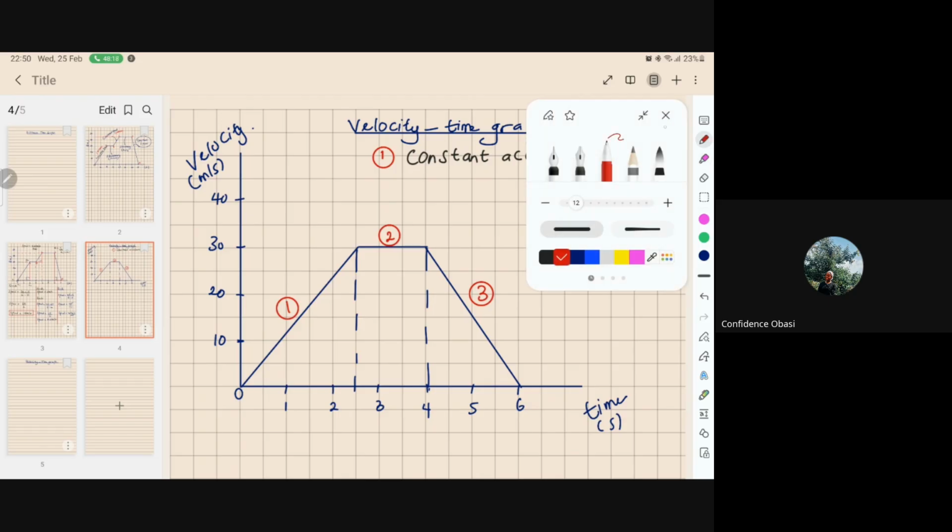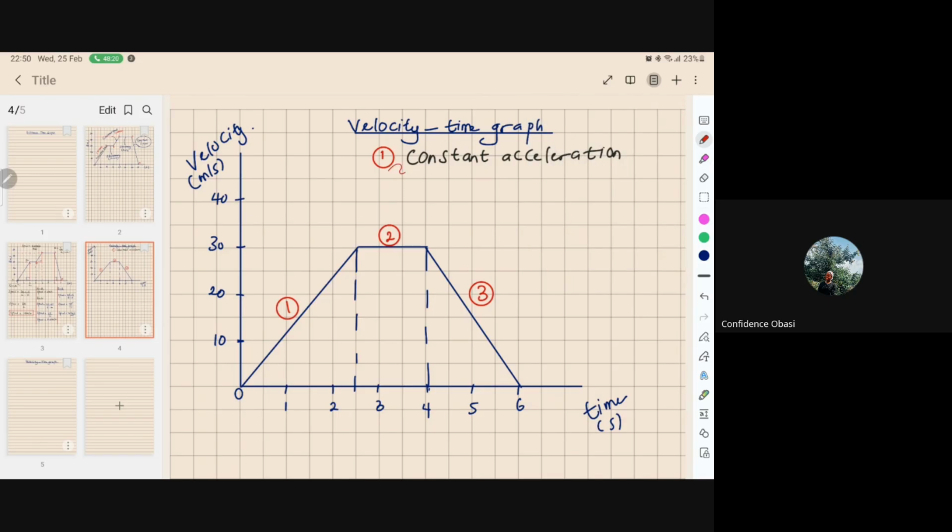Then at this second part of the journey, that is two, what happens there is that acceleration is equal to zero. Do you understand? Remember what I taught you in the other class, that when velocity is changing, it means that acceleration is changing. But when the velocity is not changing, acceleration is not changing. Is that not so? So if you check here, you see that this is a straight line.